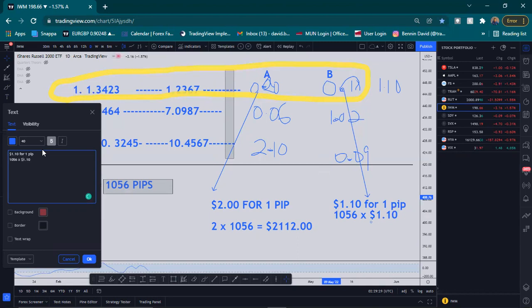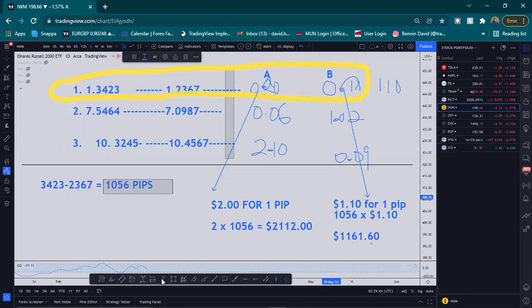That would give us $1,161.60, right? So this is what I want you to do. Your role is to calculate this one.